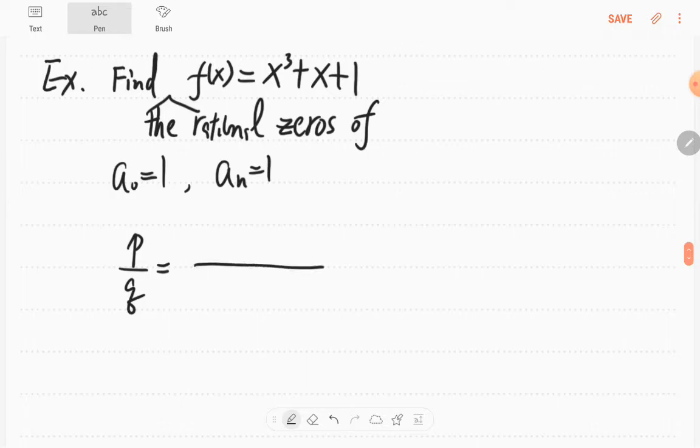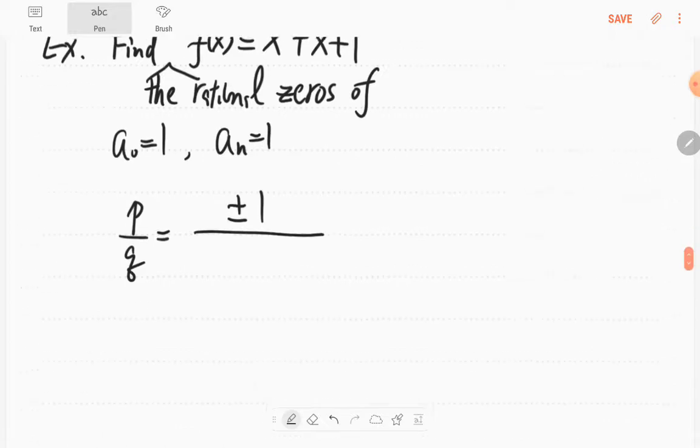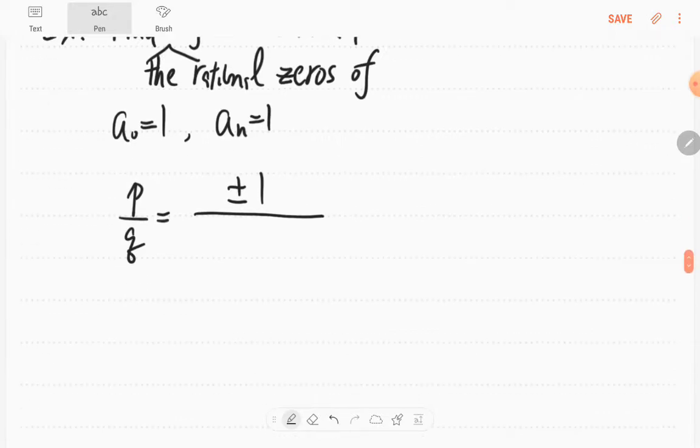The top is the factor of A0, which is plus or minus 1, right? We need to include the negative number, plus or minus 1. The factor of 1 for the Q is the factor of AN. AN has the factor plus or minus 1. So this is plus or minus 1.